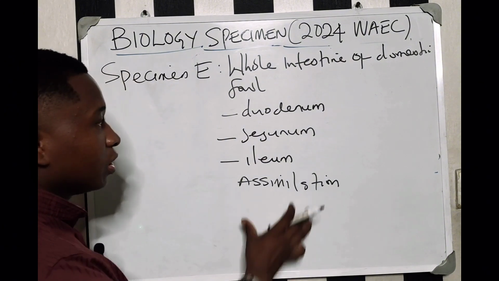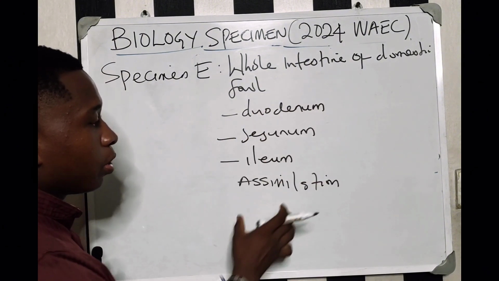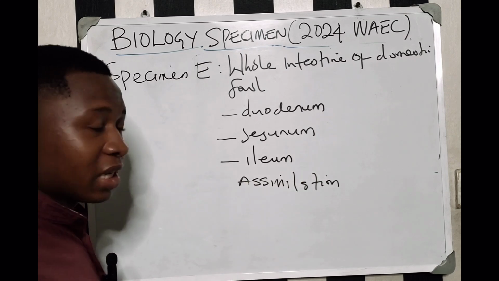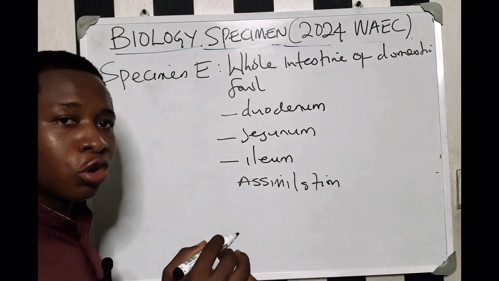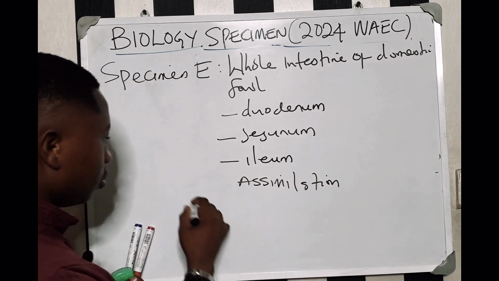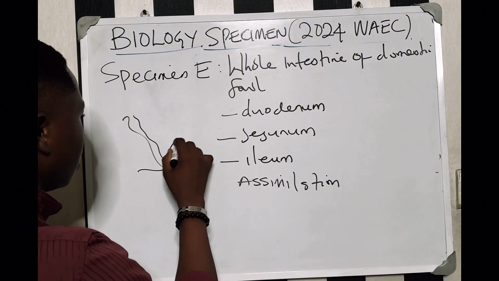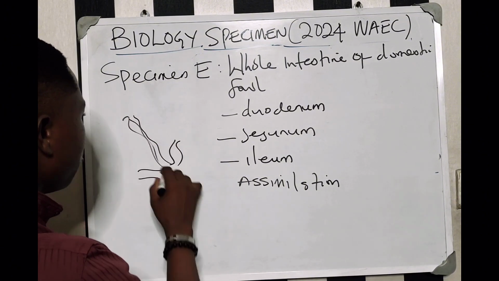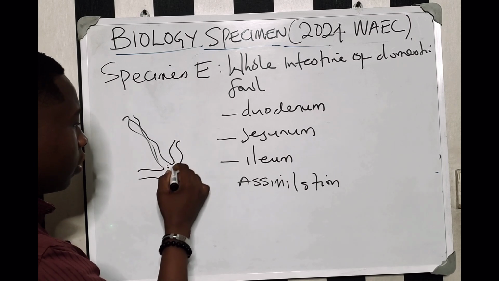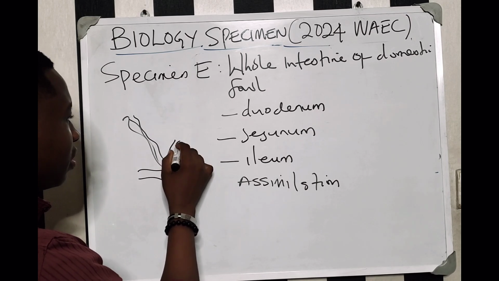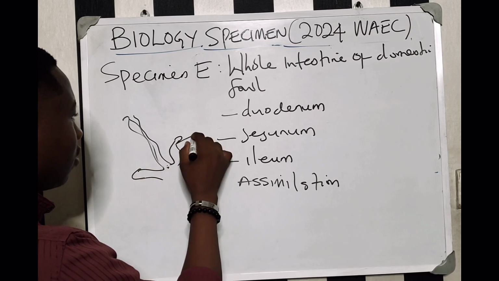These are parts of the small intestine. Now you will get to a junction. If this is the intestine, you will get to this junction, which begins the ceca. These are known as the ceca.